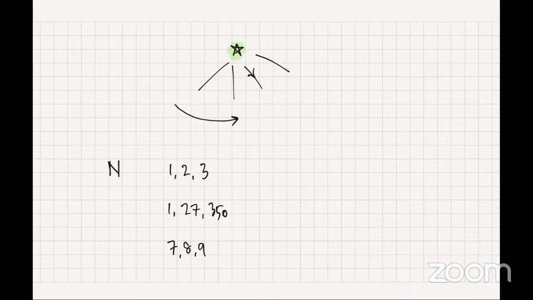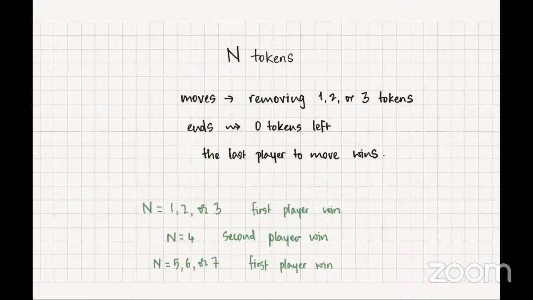So you've probably guessed already that subtraction with 1, 2, and 3 is a first player win if and only if the number of tokens is not 0 mod 4. You've probably sensed this pattern as we were going along. We had skips of 3 essentially.